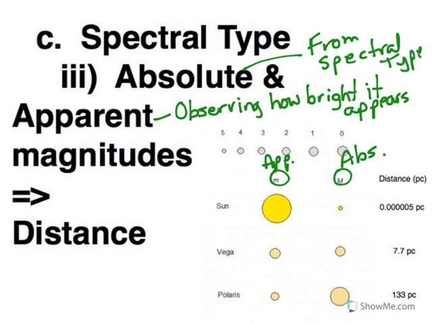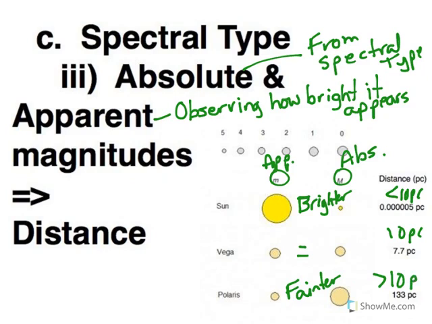And then, of course, our last step is which is brighter. So if the apparent is brighter than the absolute, then we know it's closer than 10 parsecs. If they're equally bright, it's 10 parsecs away. And if the apparent is fainter than the absolute, then we know it's greater than 10 parsecs away.